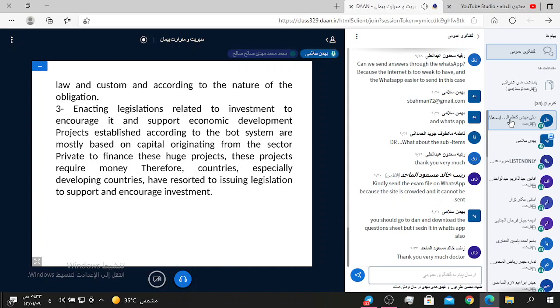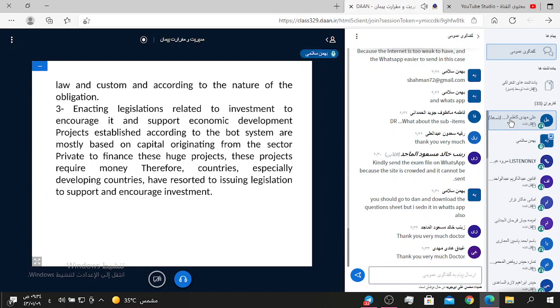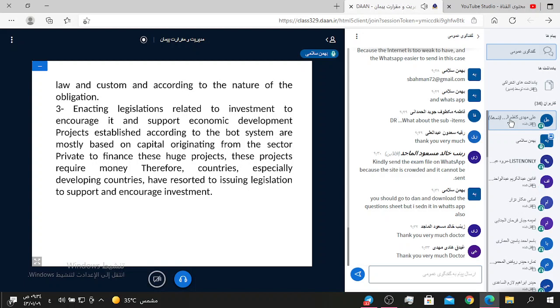Now I want to explain about the final exam in this class. I wrote some issues that some students spoke about and asked me, and I try to answer the questions. In this class, the material of the final exam is related to the FIDIC Red Book.